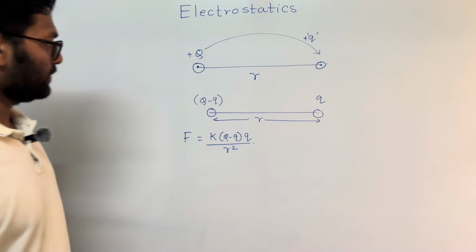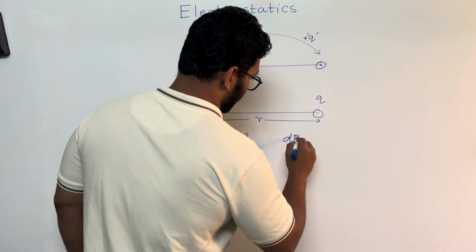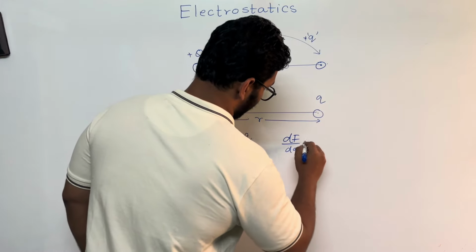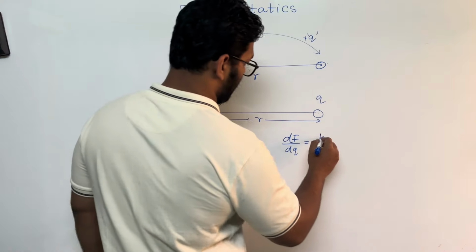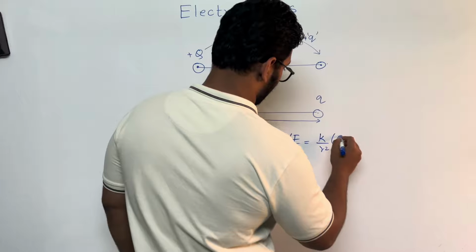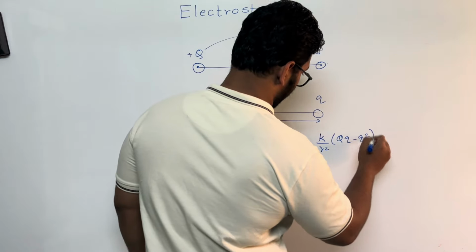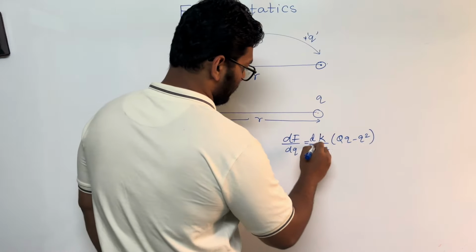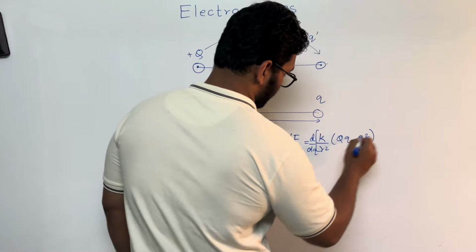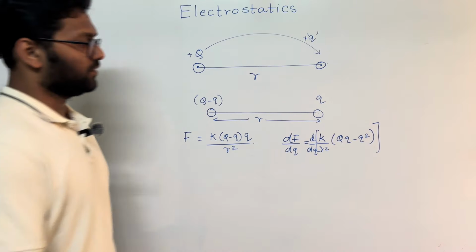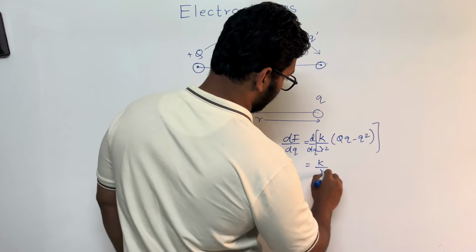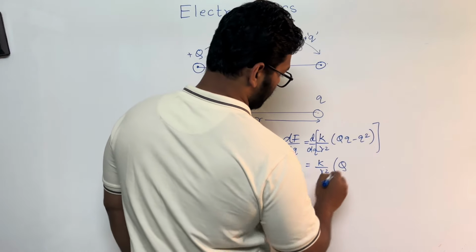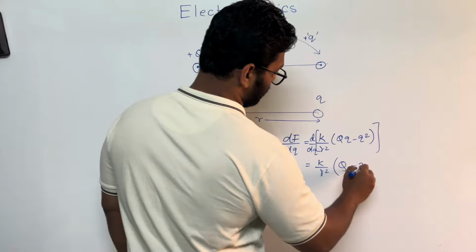Writing K by R square times Qq minus q square, K and R are constant, so let them go out. The derivative with respect to small q is Q minus 2q.